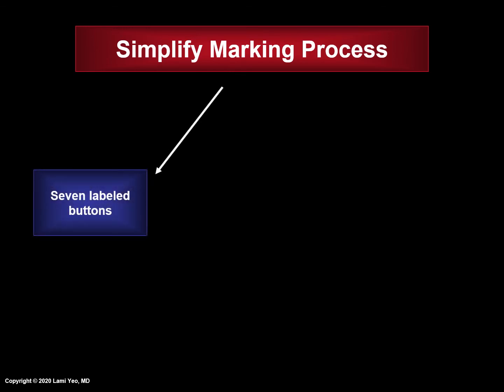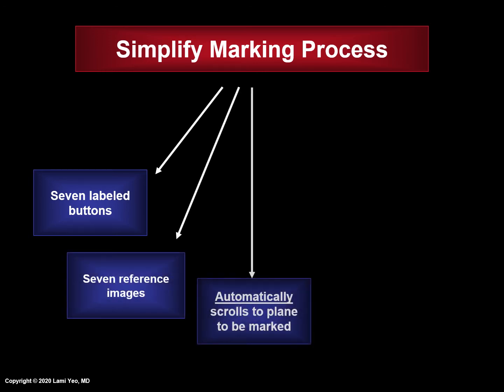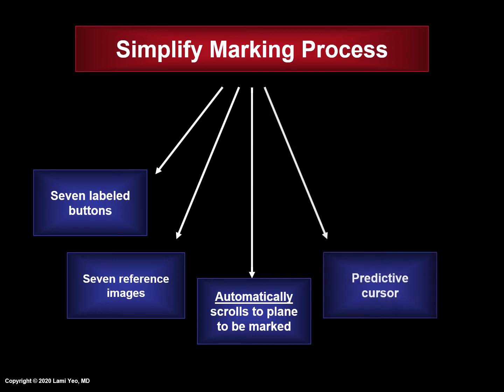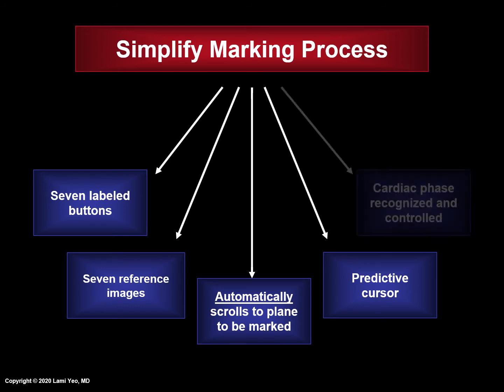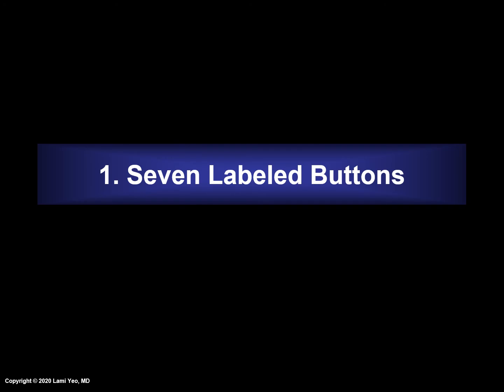This is accomplished in 5 ways: 7 labeled buttons, 7 reference images, FINE will automatically scroll to the plane that needs to be marked, predictive or intelligent cursor placement, and the cardiac phase is recognized and controlled automatically. We will now discuss each of these in more detail.